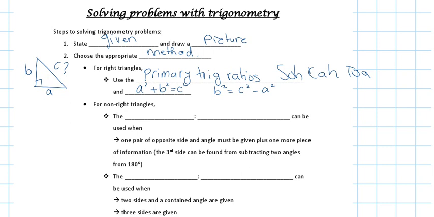If you're looking for b, you bring the a squared over and it becomes minus a squared. And if you're looking for side a, it's going to be c squared minus b squared. So the primary trig ratios, SOHCAHTOA, or the Pythagorean theorem, and that's only if you are given two sides in the right angle triangle and you're looking for the third.